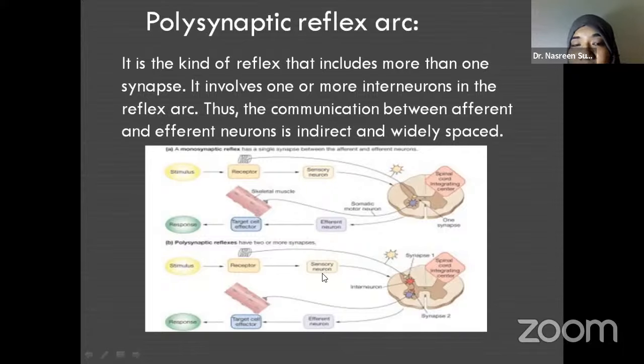Whereas in the polysynaptic, from the receptor it is going to the gray horn, there is certain interpretation there, involving 2 or 3 neurons, and then it is giving the information. So when there is more than one synapse, it is called a polysynaptic reflex.